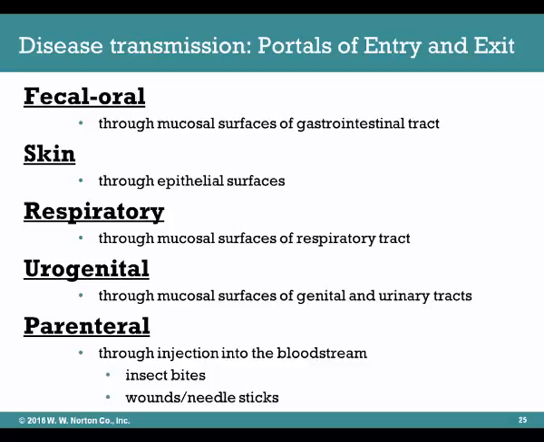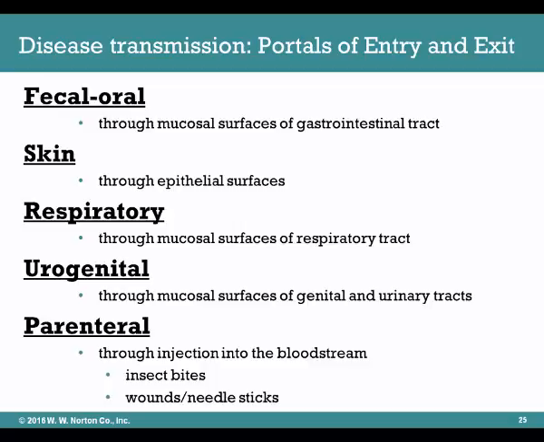Respiratory will be acquired by maybe breathing in some droplets from someone sneezing or coughing, and then as part of the symptoms, the signs, sneezing and coughing that we have when we're sick will then be the way that the microbe exits and finds another susceptible host.